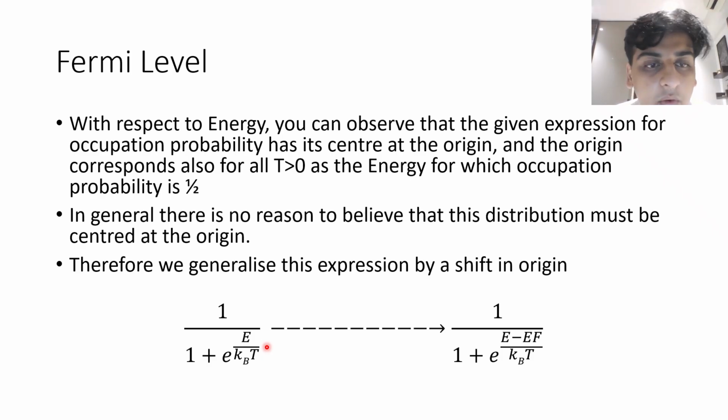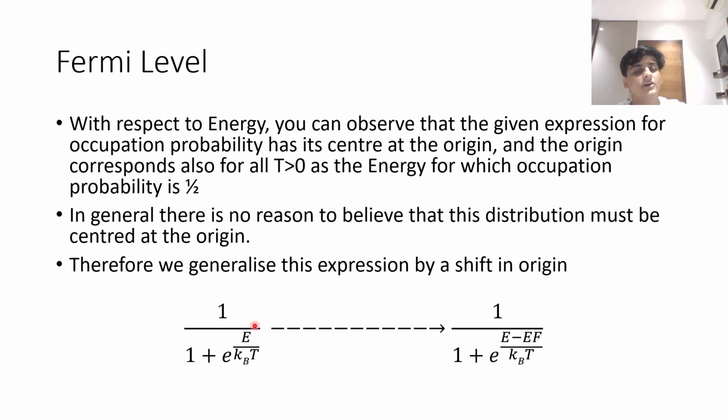And the origin also corresponds, for all positive T, to the energy for which the occupation probability is half. What do I mean by this? I mean that for all positive values of T that are not absolute zero, if your energy is zero, that means your distribution is at the origin.